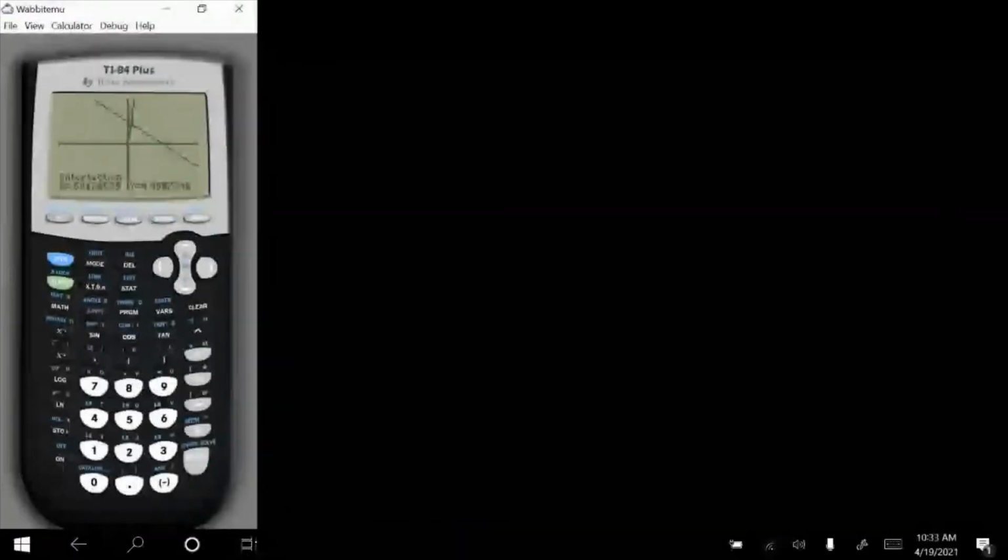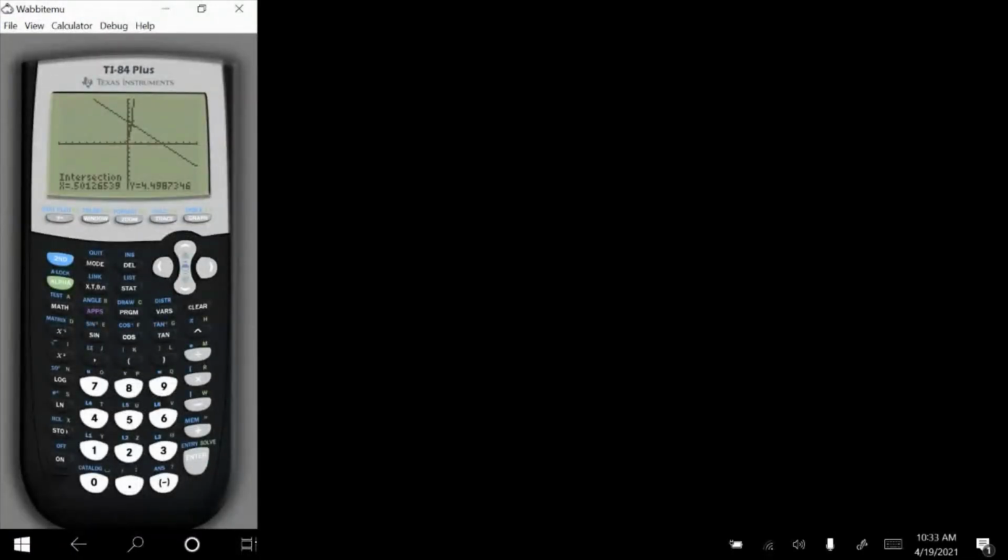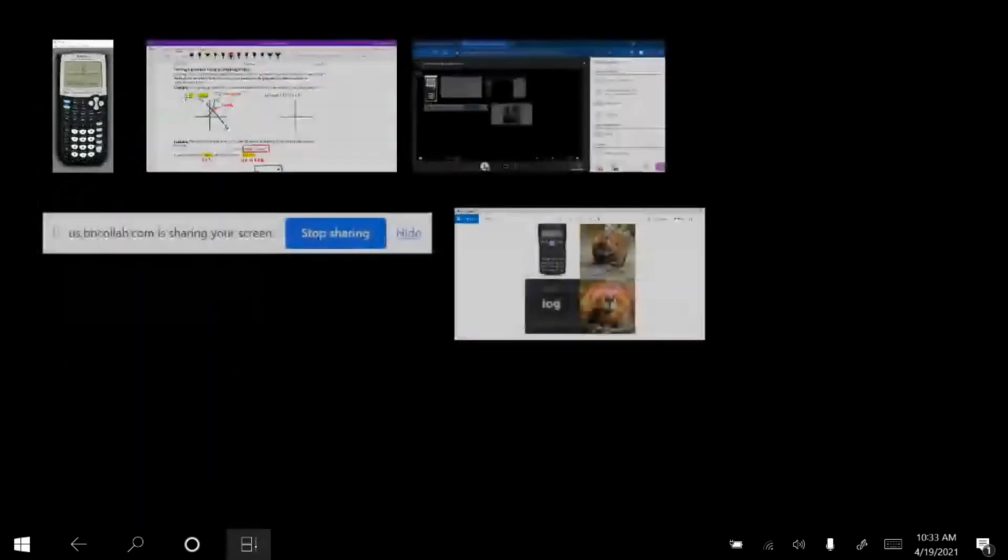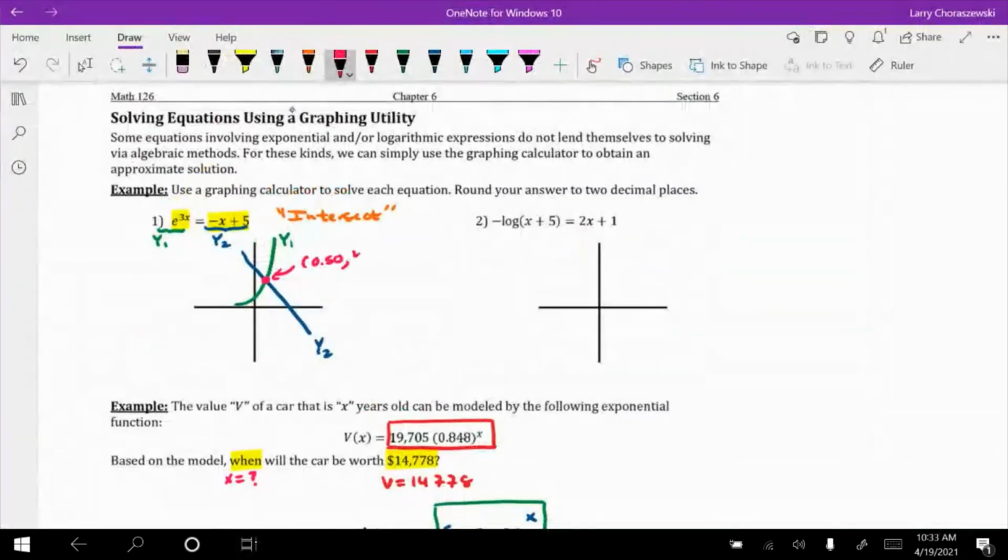I'm not sure what the y coordinate was, or I don't remember it, 4.50. We are solving for x, so the x coordinate of 0.50 will be our official answer. And that's how we do it on the graphing calculator.